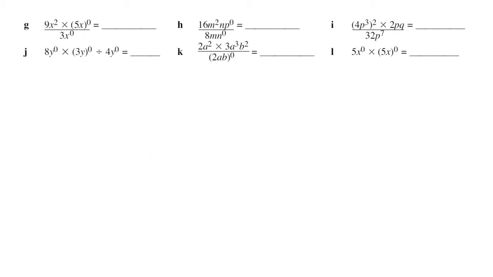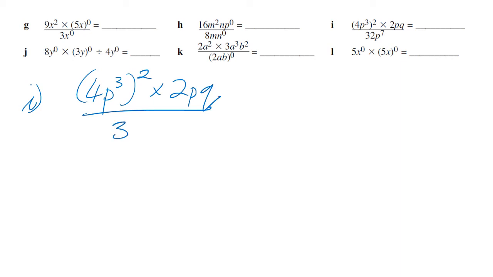I might do one more hard one with you. Let's try, maybe we can try i. Okay, 4p to the power of 3, squared, times 2pq, divided by 32p to the power of 7. Alright, so let's sort out what's on the top first.